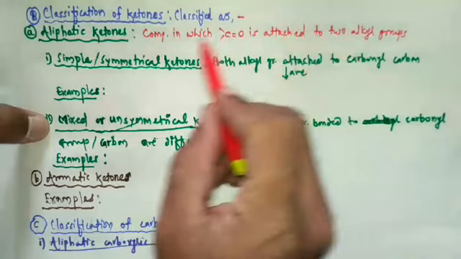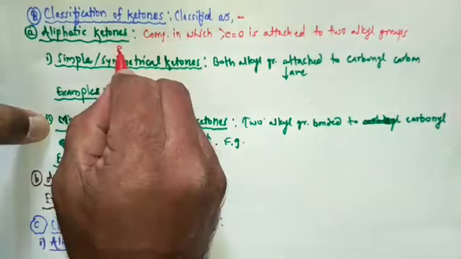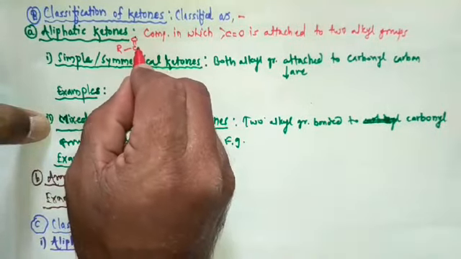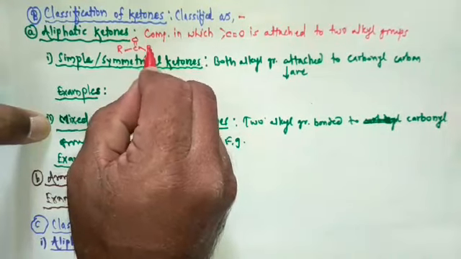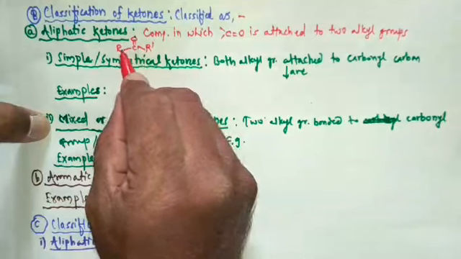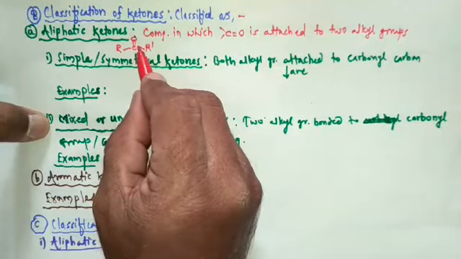So its general formula is R C double bond O R dash. R and R dash may be the same or different alkyl groups.